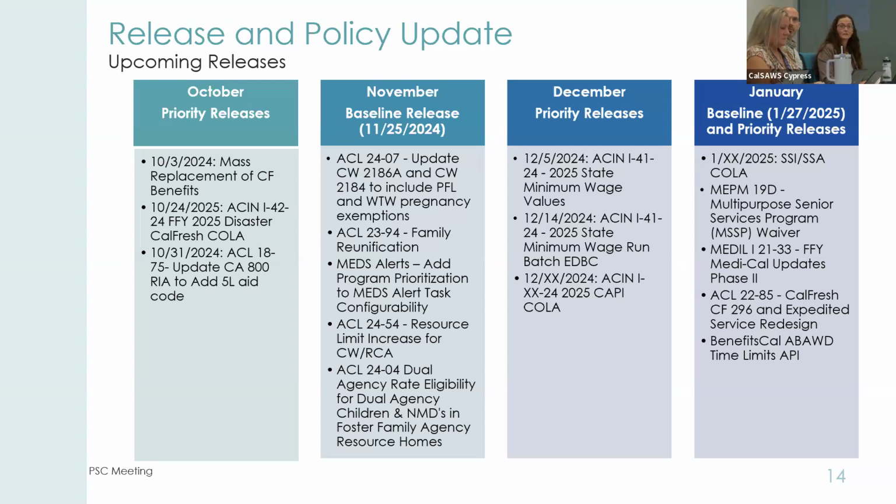We do have a large number of policy items, as usual with our baseline releases, a lot of correspondence updates to various forms. In addition, we do have changes going in to support family reunification. We know that is a priority to get that in. So we'll be adding a lot of automation for those impacted households, from automating the aid codes, the benefit issuance.